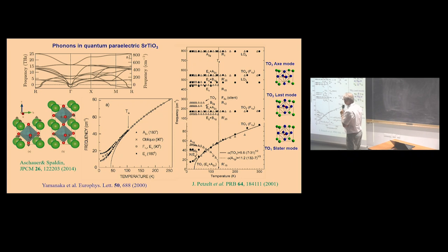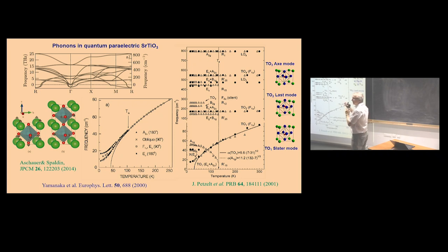So what happens here, besides the ferroelectric soft phonon at the gamma point, which is even split at low temperatures due to tetragonality, is that at 105 Kelvin two modes are activated in Raman spectra, coming from the R point of the Brillouin zone.